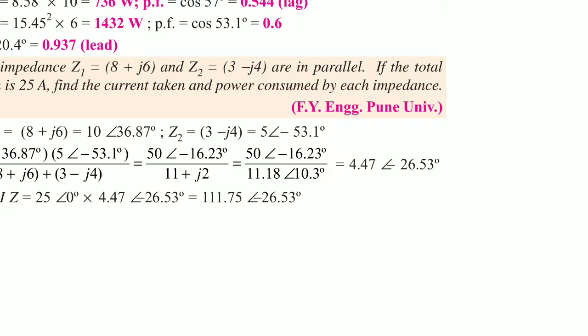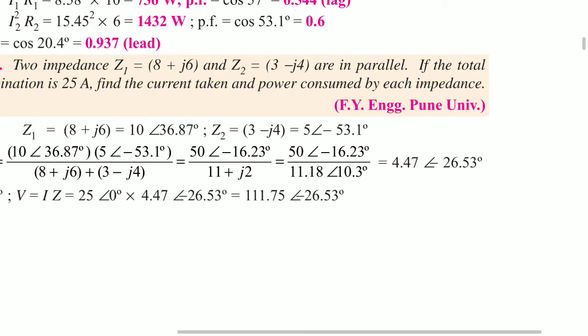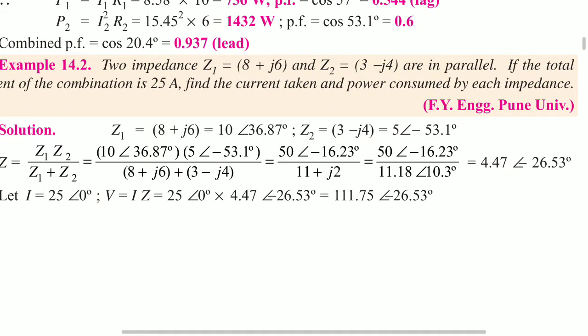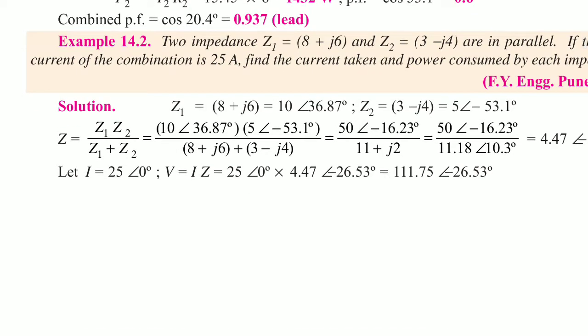Now the current is given, I equal to 25 angle of 0 degrees. So now V is equal to I into Z.